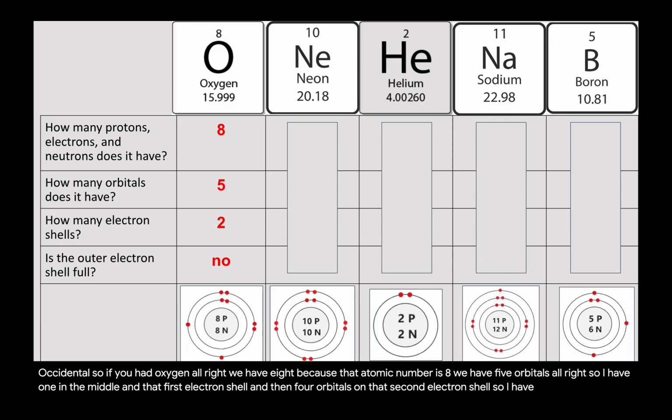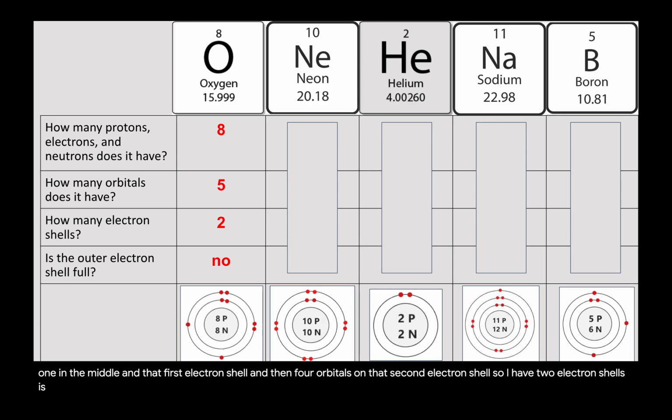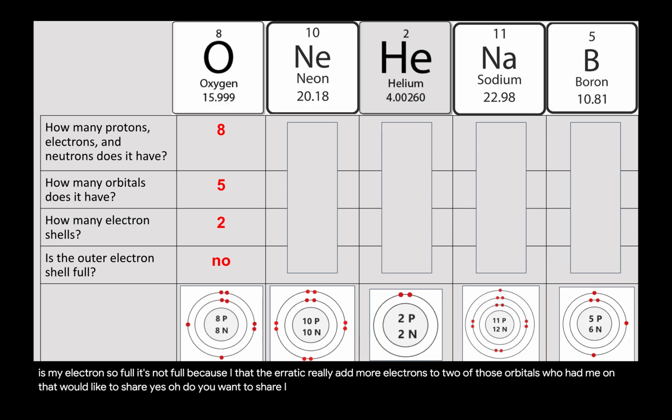So I have 2 electron shells. Is my electron shell full? It's not full because I could theoretically add more electrons to 2 of those orbitals. Who had neon that would like to share? Oh, do you want to share? I just saw your hand go up.